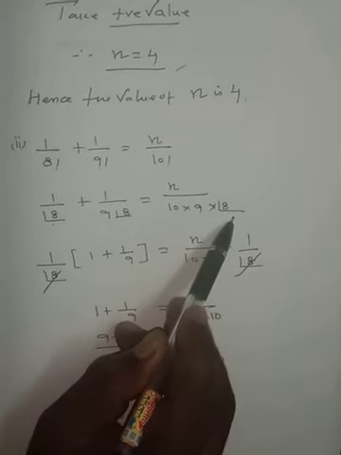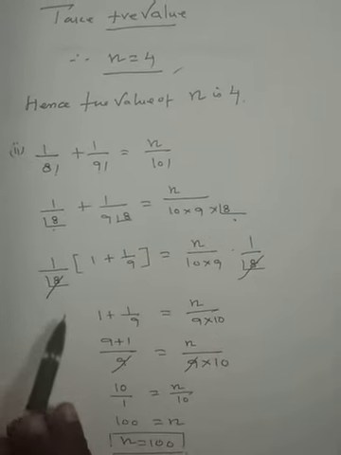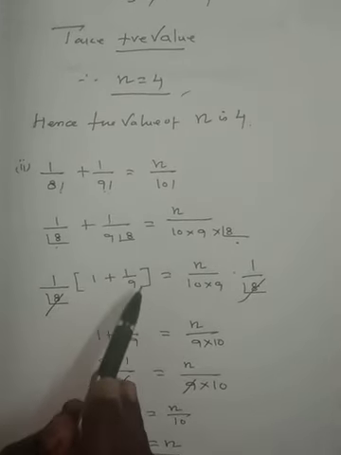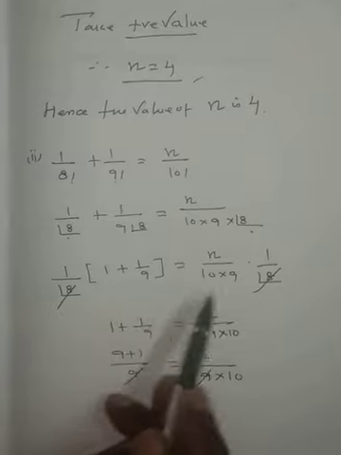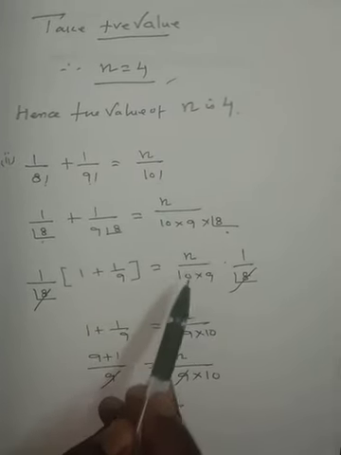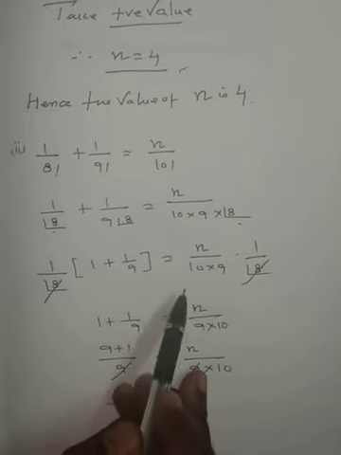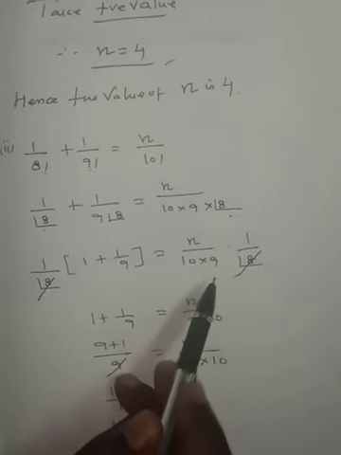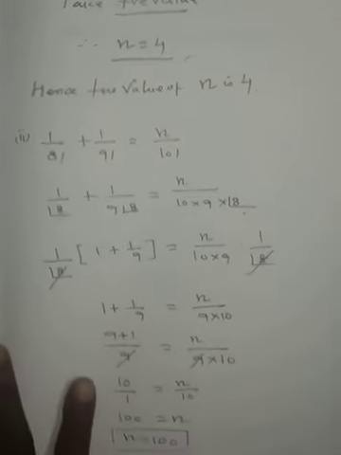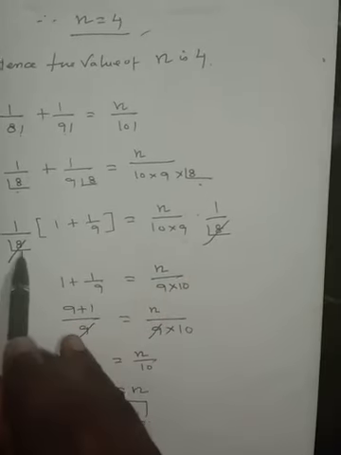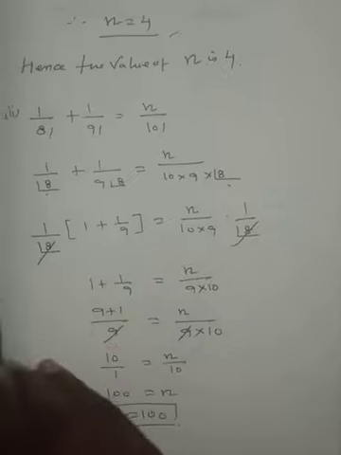So left and right have a common 1 by 8 factorial. Left hand side 1 by 8 factorial into (1 plus 1 by 9) is equal to the right hand side n divided by 1 by 8 factorial into 10 into 9 as the remaining part. So cancelling left and right, 1 by 8 factorial is cancelled.